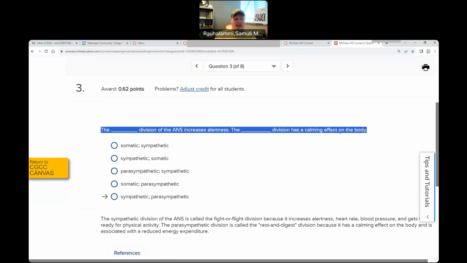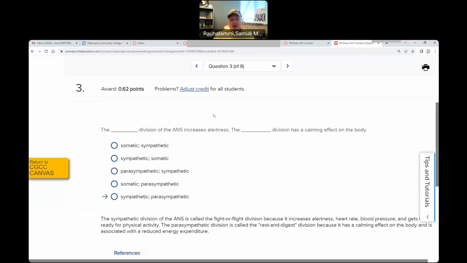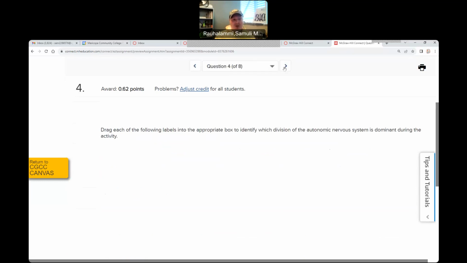We're seeing that the sympathetic division of the autonomic nervous system increases alertness, and the parasympathetic division has a calming effect on the body. So remember how our sympathetic branch was often referred to as the fight or flight response, whereas our parasympathetic responses were those rest and digest responses. So that relates to what we just reviewed earlier on.